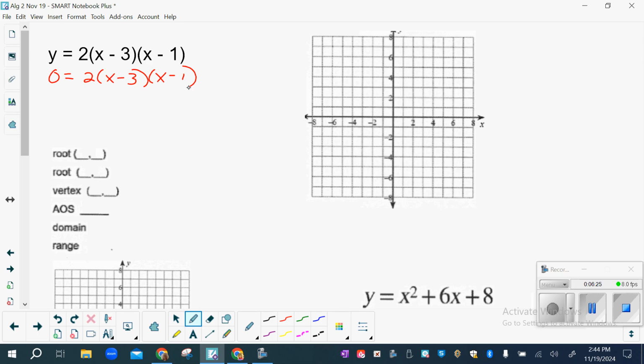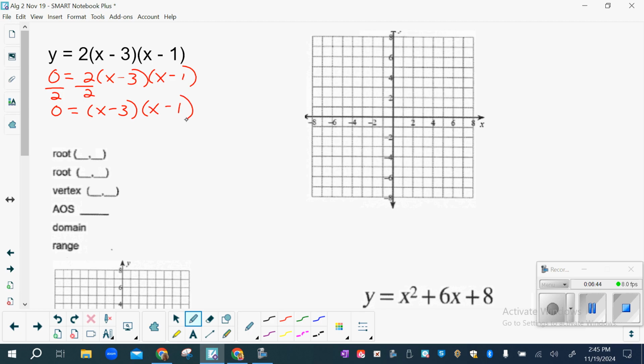You can divide it out. You could distribute it, but it would be more steps. It would be quicker to divide the 2 out. As long as it doesn't have an x after it, we can divide both sides by 2. So 0 divided by 2 is 0, and that's equal to x minus 3 times x minus 1.